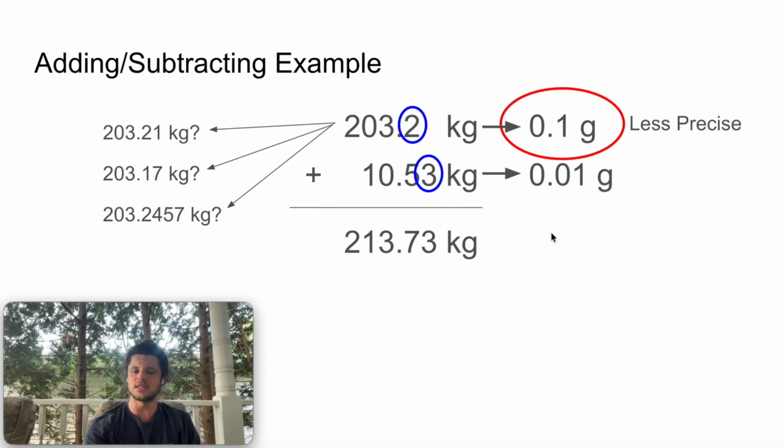So really what I'm trying to say here is that since this is a little bit less precise, really this hundredths place for our first reading, we have a question mark there. We don't know. It could have been a 1, it could have been a 7, it could have been a 4, could have been a bunch of different digits here. We don't know what really is in that digit because, again, our measuring device that got us that reading of 203.2 kilograms was not precise to the hundredths of a gram. So we lost information there that we had for our second measurement, that we don't have for our first one, right?